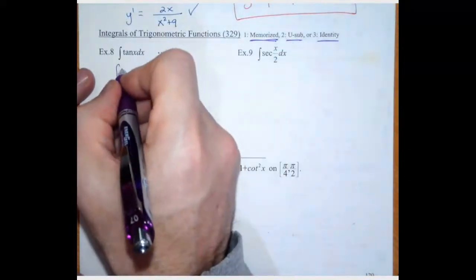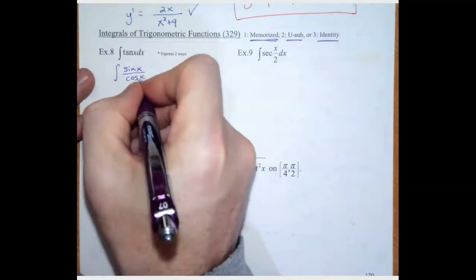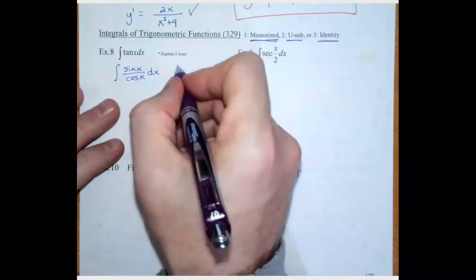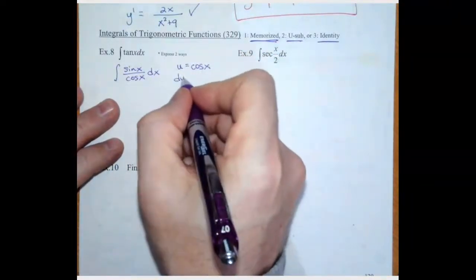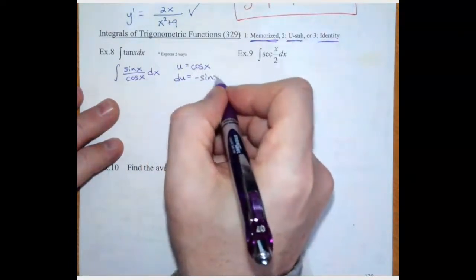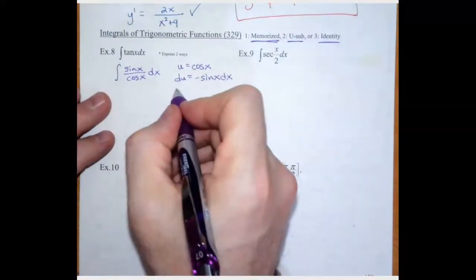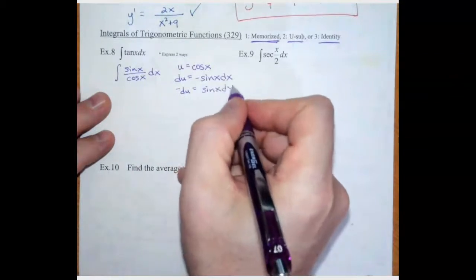So tangent is sine over cosine. If we let u be cosine, then du would be negative sine, right? But there's no negative, so the negative is going to go with the du. We're going to divide both sides by -1.